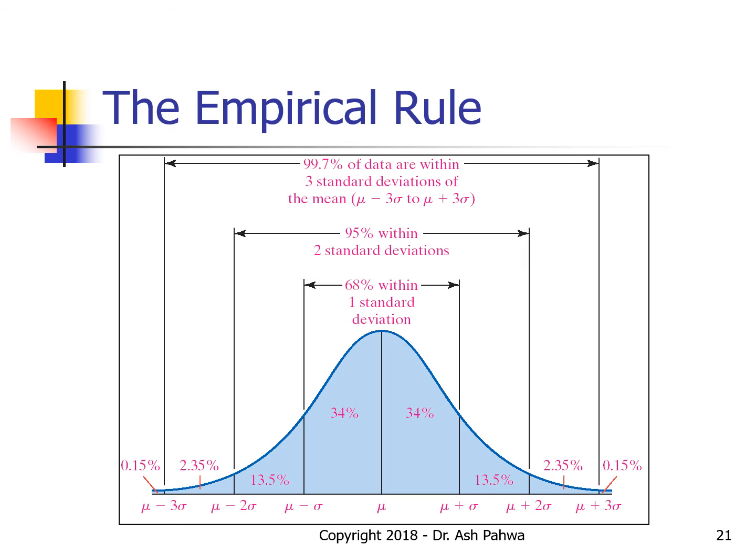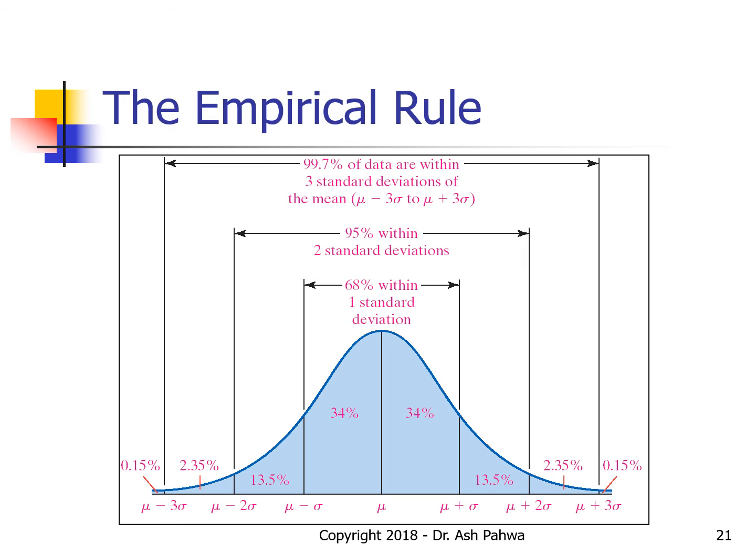Now if we go 2 standard deviations on the left hand side and 2 standard deviations on the right hand side, we will get 13.5% additional data on the left hand side and also on the right hand side. So if we add all these numbers up, that is 13.5 plus 34 plus 34 plus 13.5, which comes out to be 95% of the data.